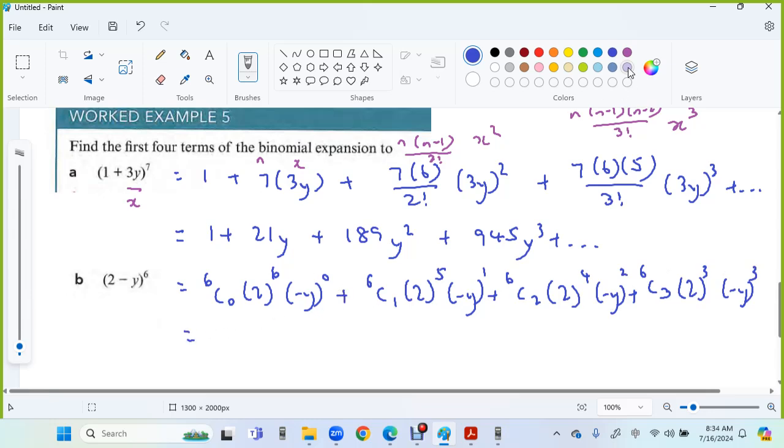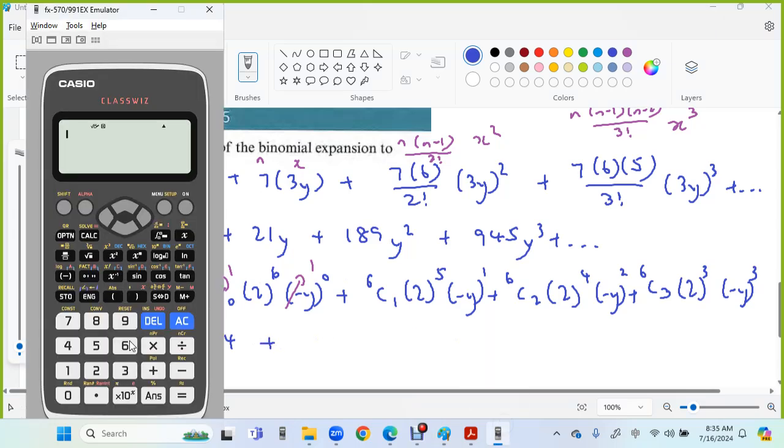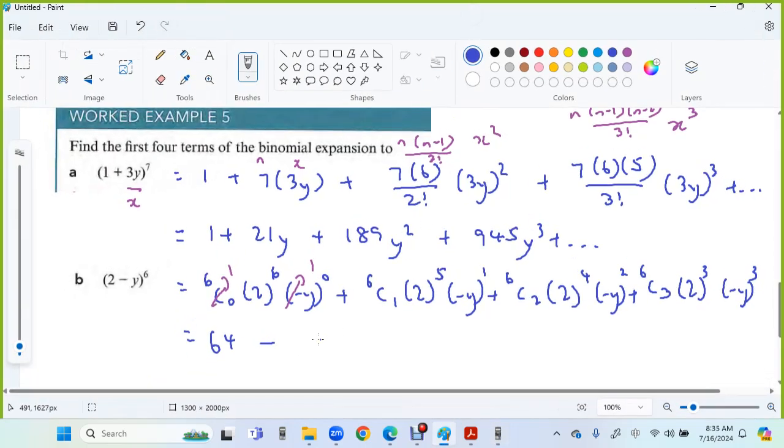Then this is equal to 1 times 1 times 2 to the power 6, which is 64. And then plus 6C1 times 2 to the power 5, which gives minus 192y.